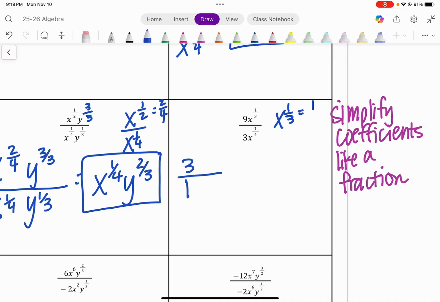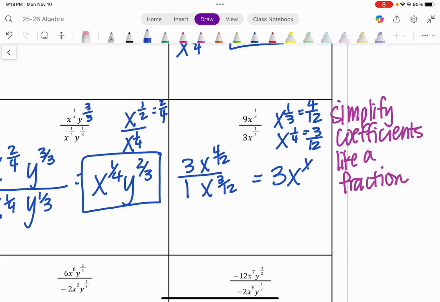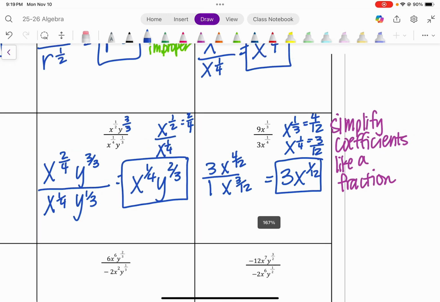So that would be 4/12. And then x to the 1/4 would turn into 3/12. So x to the 4/12 over x to the 3/12. That's going to leave me with 3, and then I'm subtracting 4/12 minus 3/12, x to the 1/12. So 3 times x to the 1/12 is my final answer.